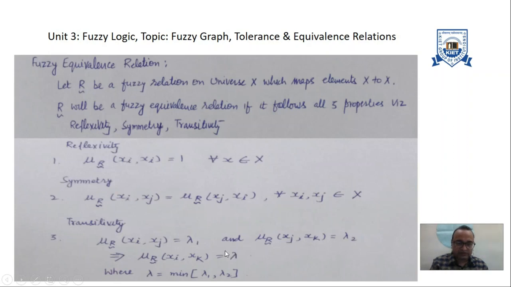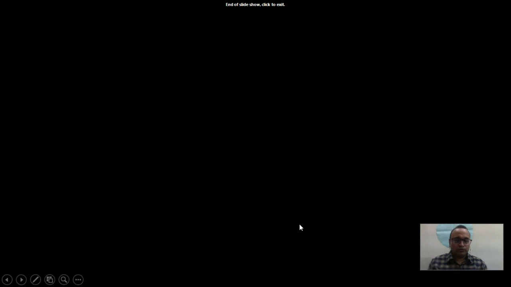Then there must be a connection from xi to xk, represented by a membership value that should be the minimum of lambda 1 and lambda 2. In this way we have discussed the equivalence relation and tolerance relation in the fuzzy domain. That's all about this lecture.